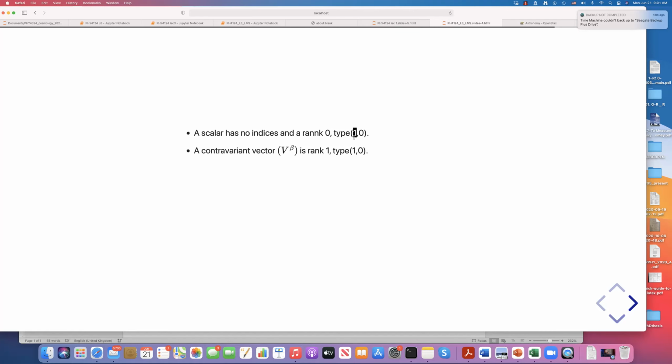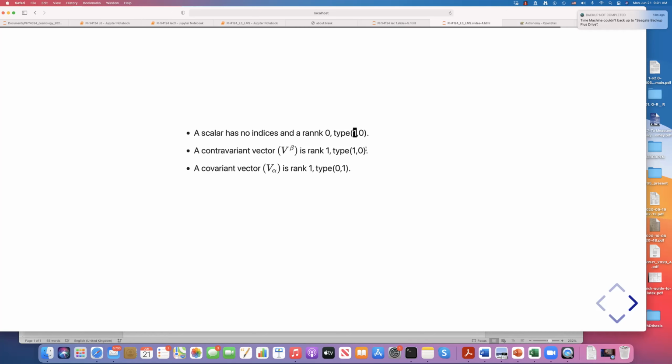And then you have a contravariant vector, which has 1 index, so it will become a rank 1 tensor, and the type is type 1, 0, right? And then the covariant vector, you have a lower index. Still, it is rank 1 because you have only one index there, and it's type 0, 1.